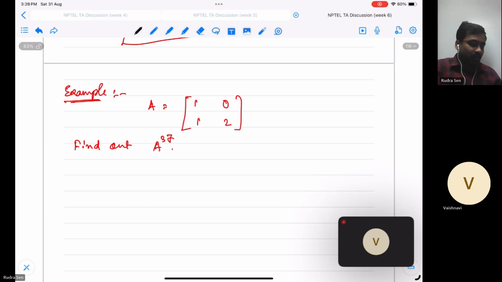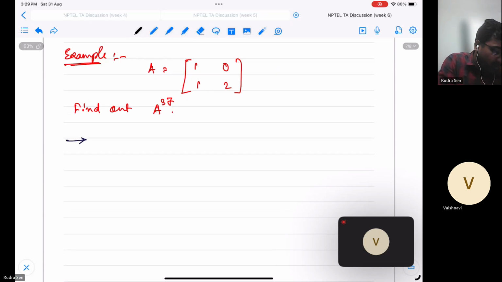One approach is you can multiply A 37 times and you will get the answer, which is a very cumbersome process. The next approach is using diagonalization. Now here we will see how we can solve this problem using the Cayley-Hamilton theorem.